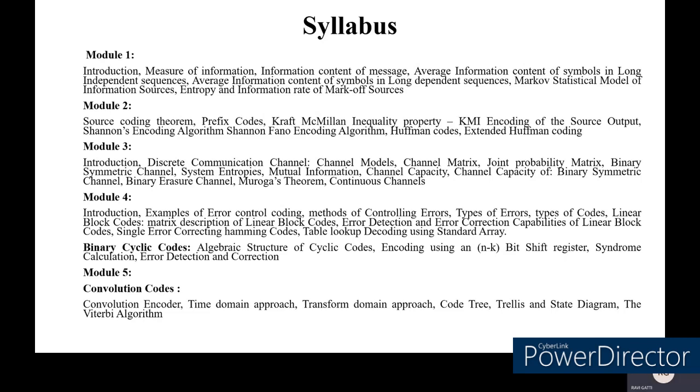After learning the measure of information, the next step is we need to convert these source symbols into source codes. So we will be using the source encoders. Basically, the source encoders are nothing but a conversion of analog signals into digital signals. So we will be using a source encoding mechanism.